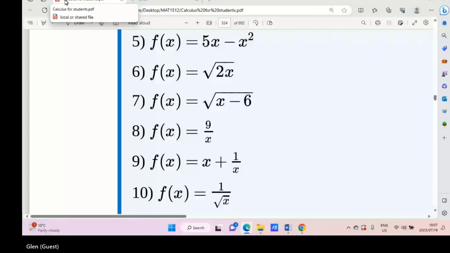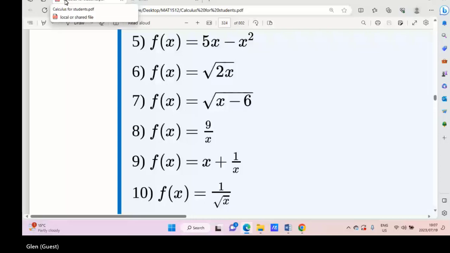The answer is f of x, number 7, Ane. Square root of x plus h minus 6 minus square root of x minus 6, all over h, times square root of x plus h minus 6 plus square root of x plus h, all over each other. That's the multiplication.